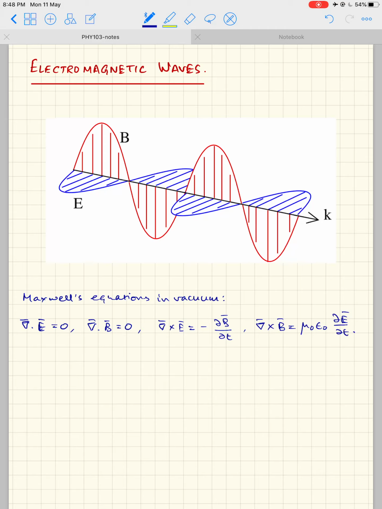In our more fancy relativistic language, this is just del mu F mu nu equal to 0.